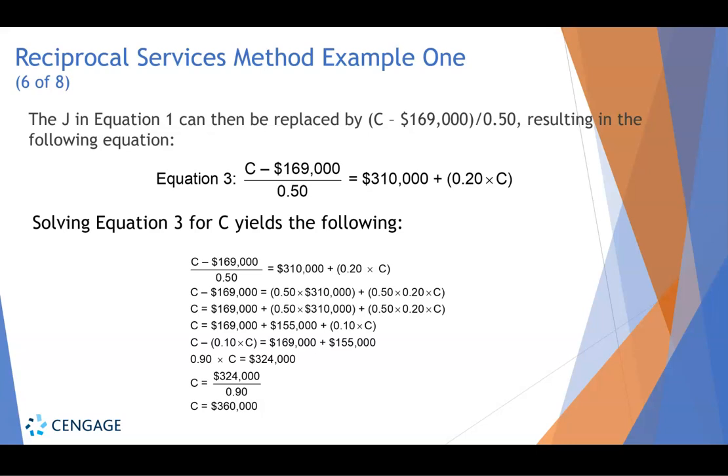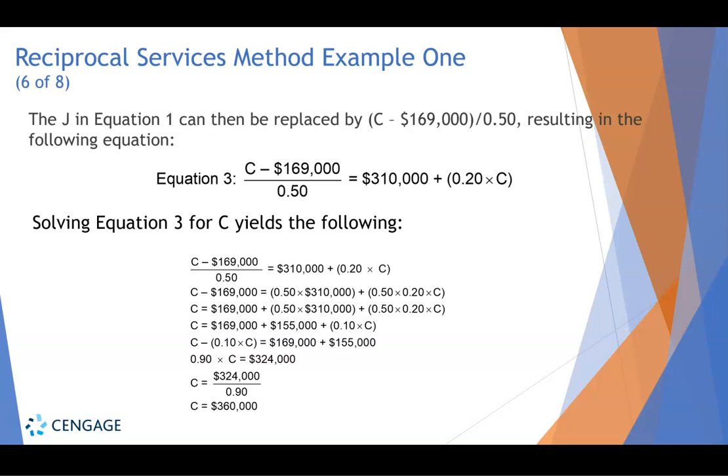or C equals 169,000 plus 155,000, which is the 0.5 times 310,000, plus 0.1 times C. C minus 0.1 times C equals our 169 plus 155.